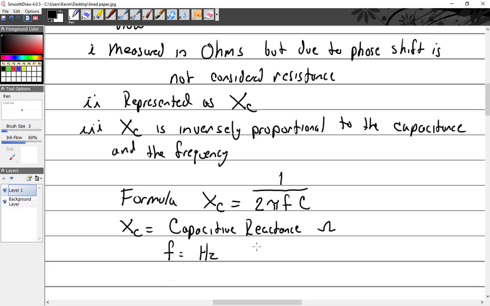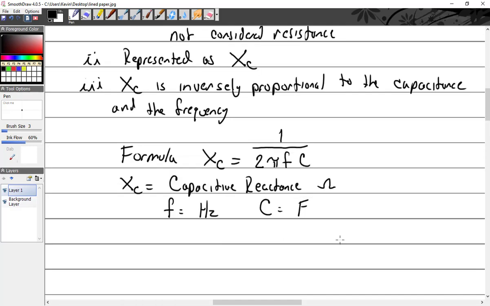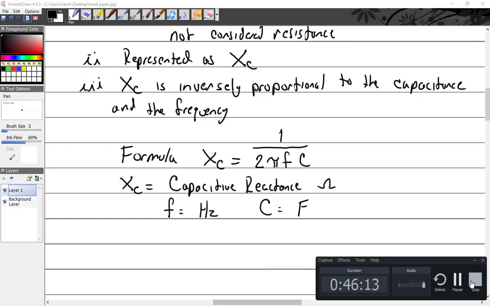And C is capacitance in what? Farads. And that is a perfect spot to take a break.